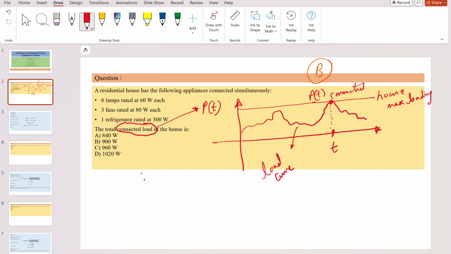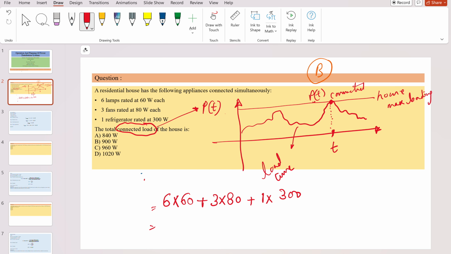Connected load means you have multiple appliances, and for all the appliances the maximum rating is given on the data sheet or on a label. Here there are six lamps which consume a maximum power of 60 watt each, plus three fans which consume 80 watt each, plus one refrigerator which consumes 300 watt.